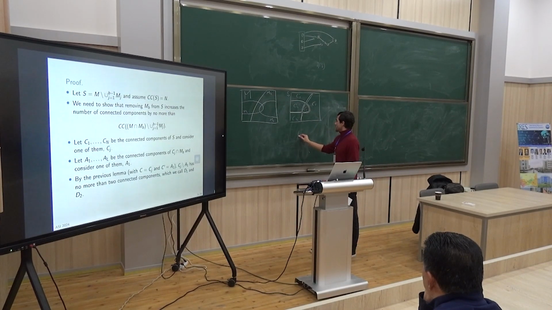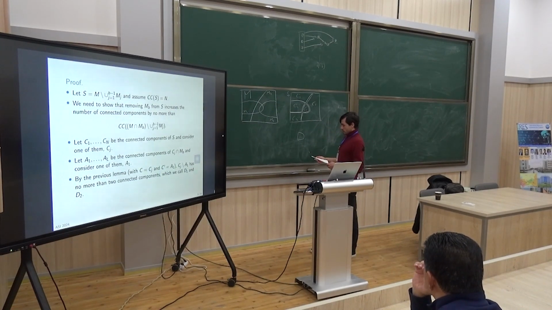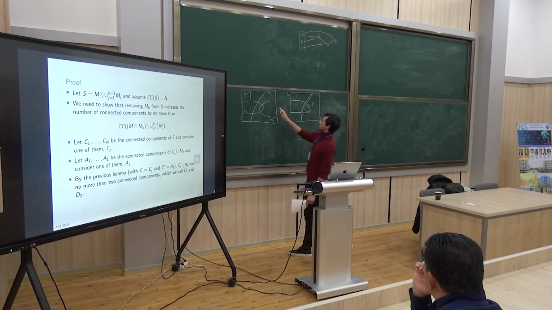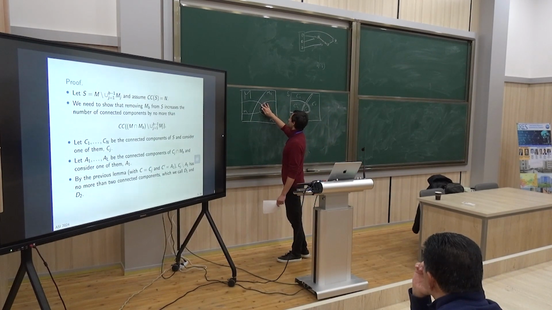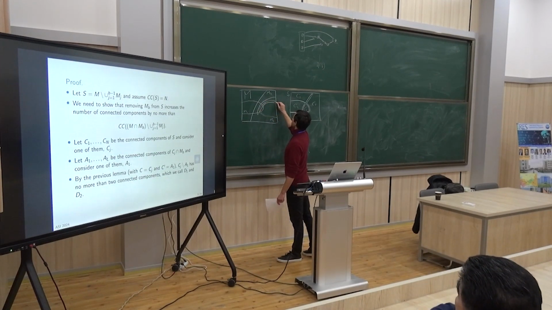So maybe this is C4, and we intersect it with, I guess I wanted to use a different surface here to make the example a little bit more interesting. So let me modify this M3 a little bit. Let's say this is M3.